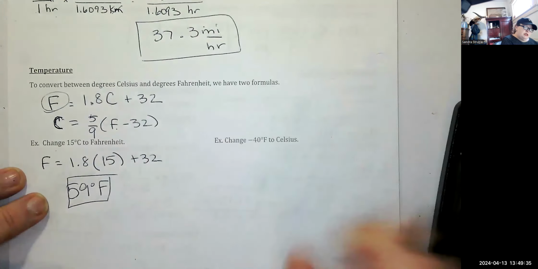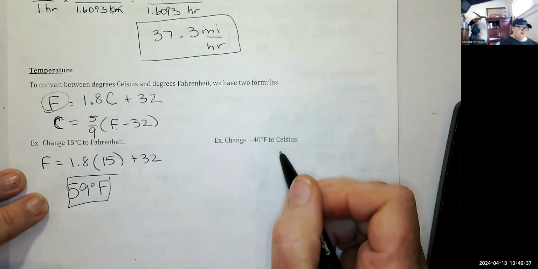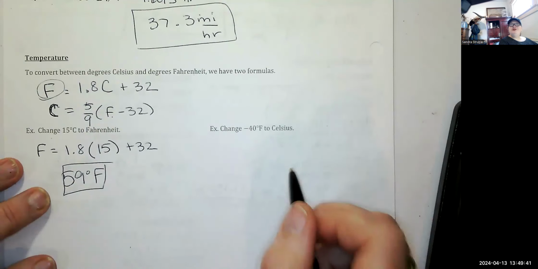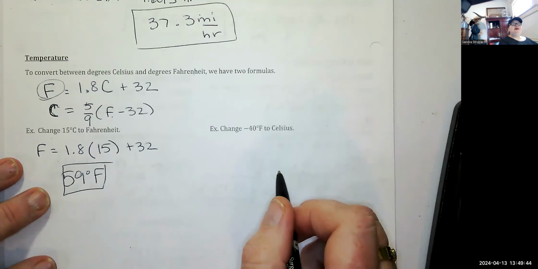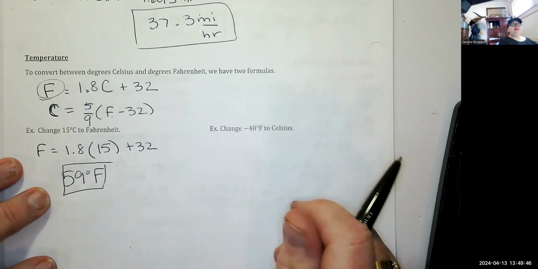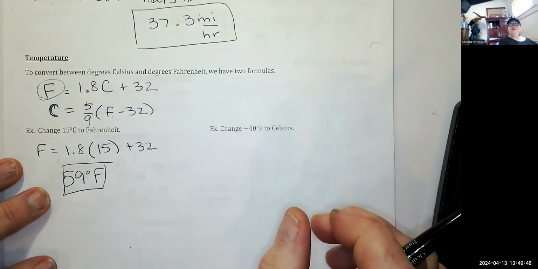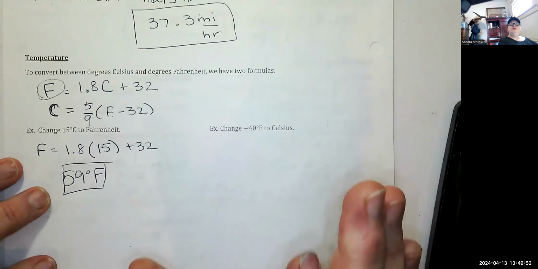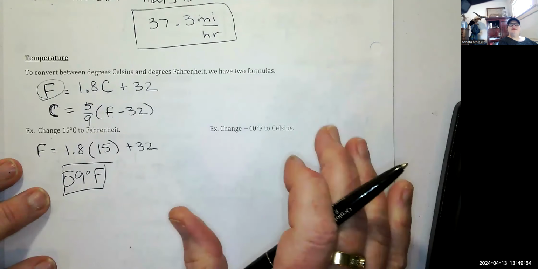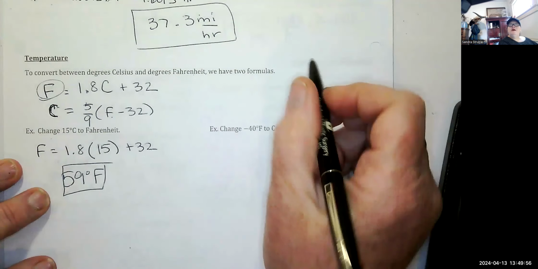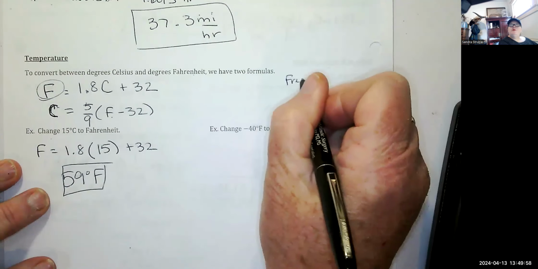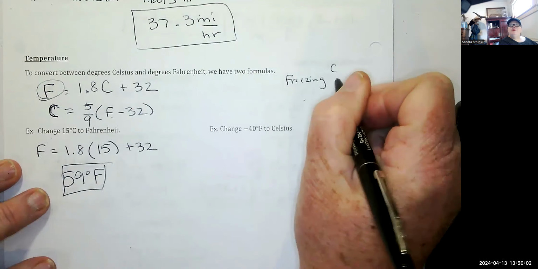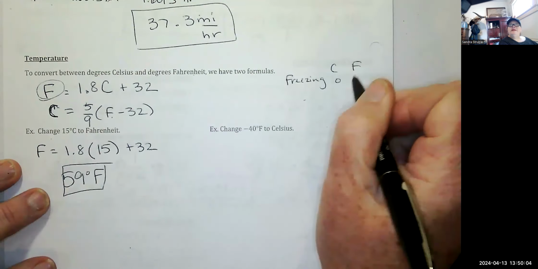Okay, now we're going to change negative 40 degrees Fahrenheit to Celsius. This is my favorite thing of all time to show, because I like to ask students, if you think about degrees in Fahrenheit and Celsius, is there a number to where they are exactly the same? The freezing point for Celsius is 0, for Fahrenheit it's 32.